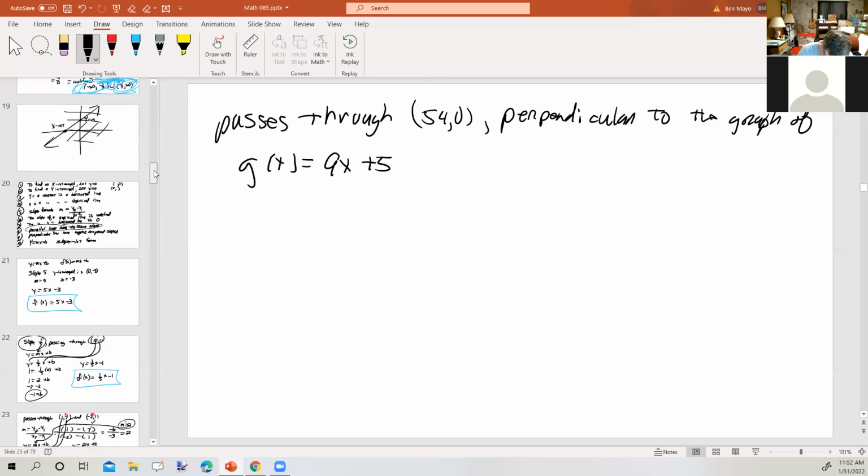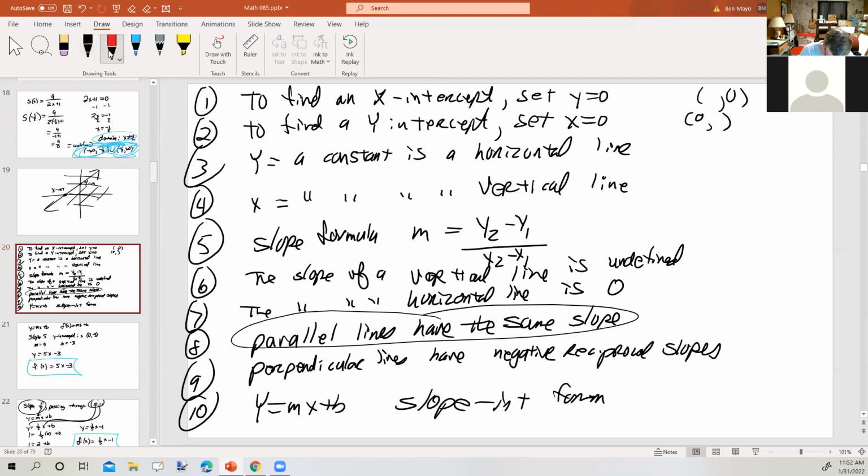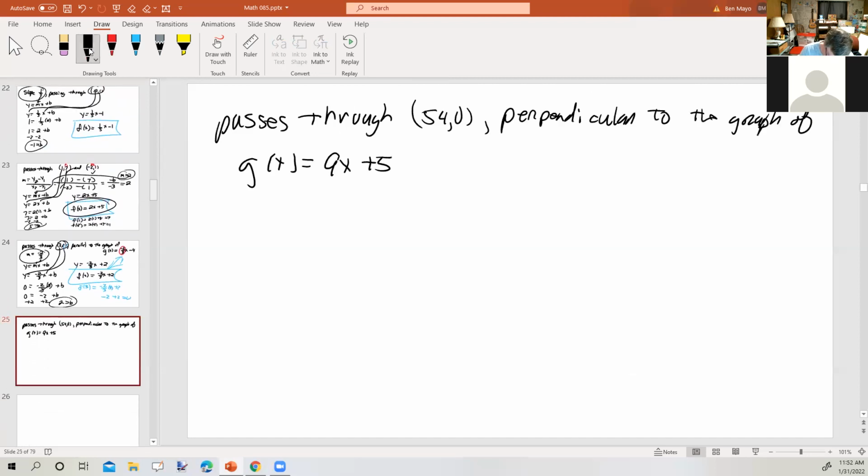So let's go back up here. Perpendicular lines have negative reciprocal slopes. So if the slope of g(x) is 9, the slope of the one that's perpendicular would be -1/9, the negative reciprocal of 9.